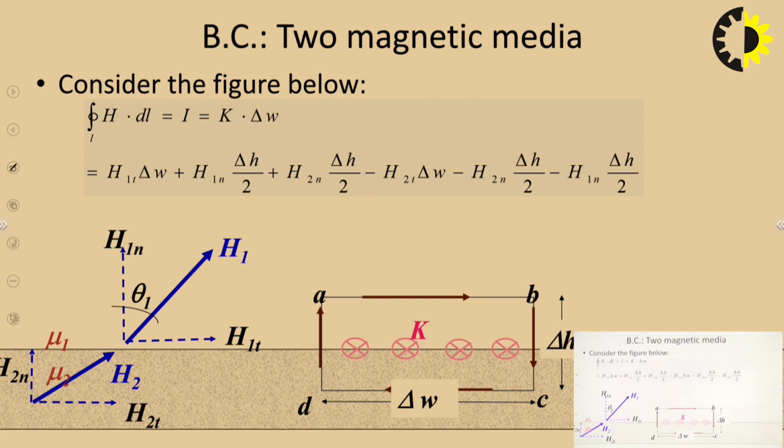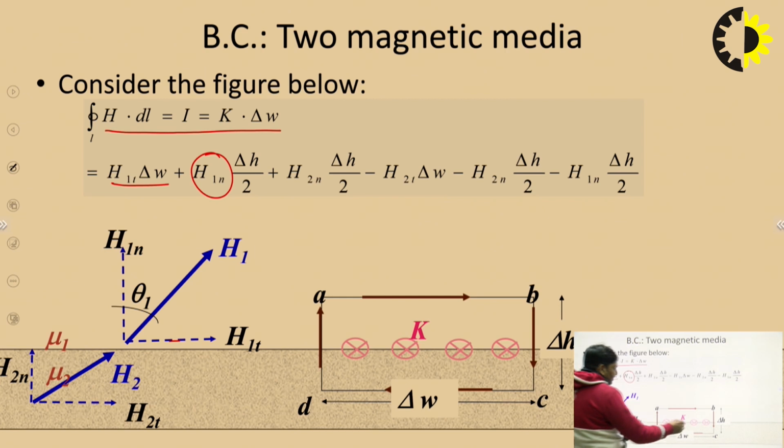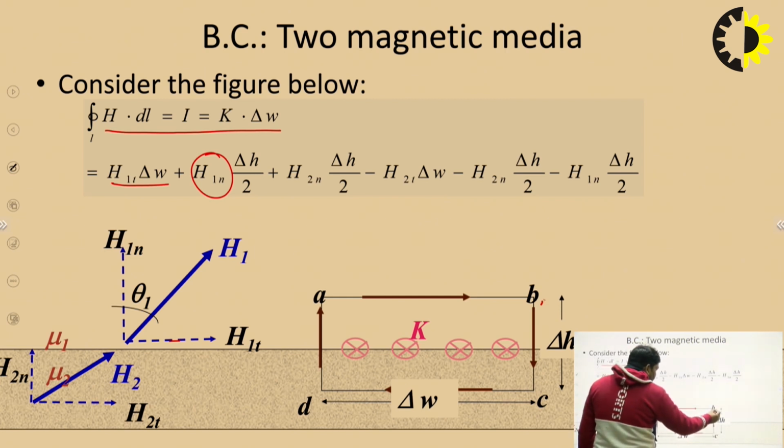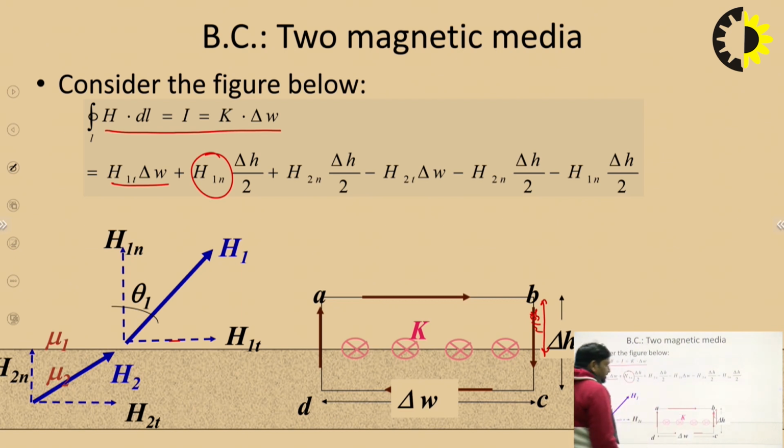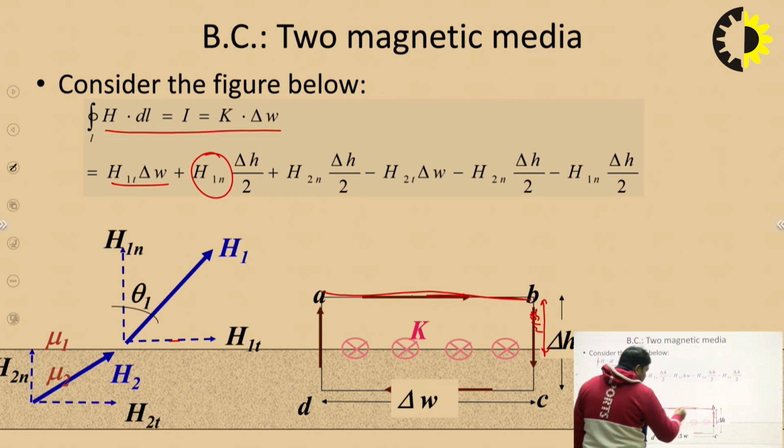For the tangential field, we can define H dot dl equal to I, which is K into delta w, where K is the surface current density. H1t into delta w, and the H1n contribution over length delta h by 2, and this tangential vector in region 1.